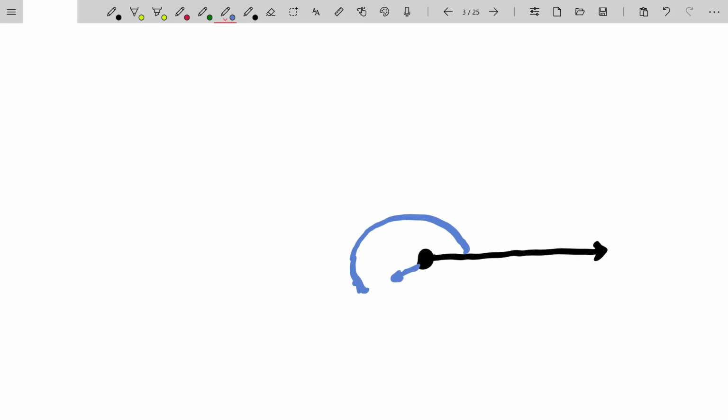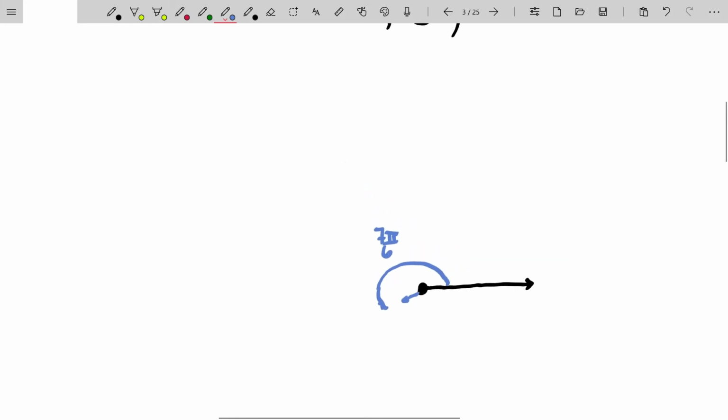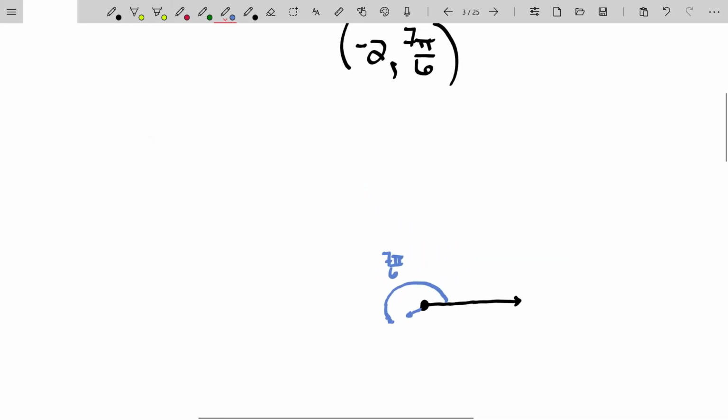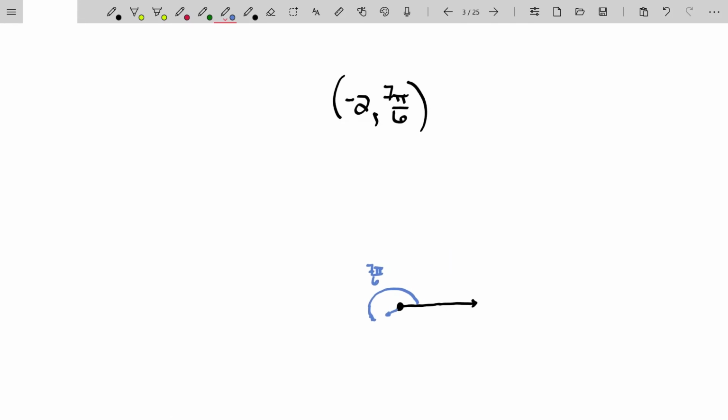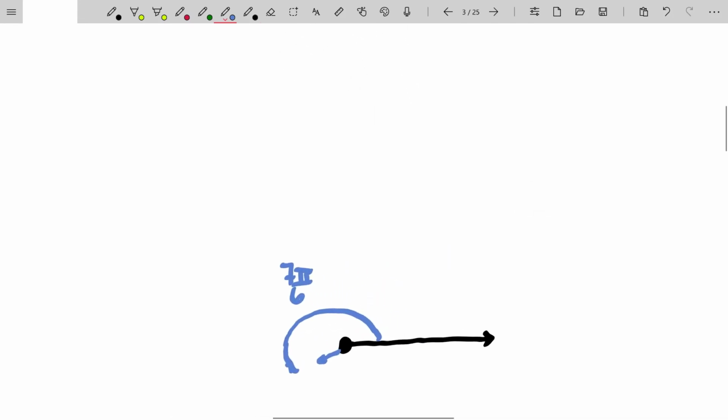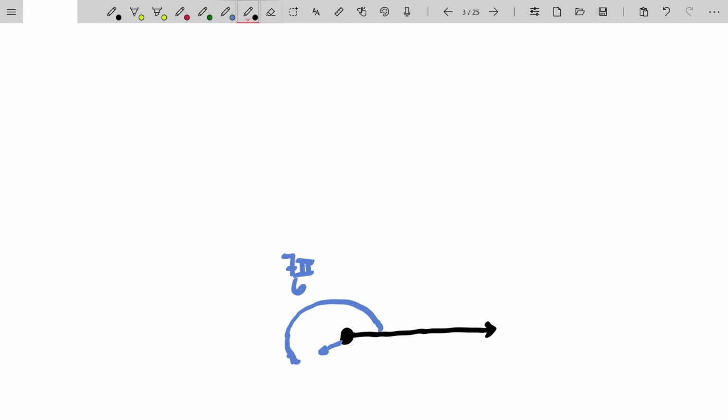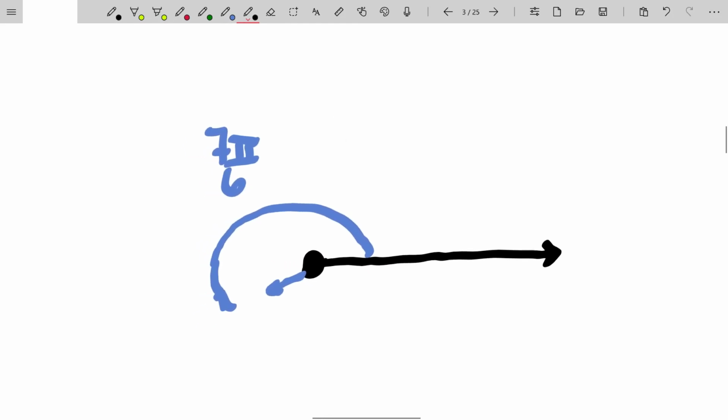Okay, so we've rotated through that angle of 7 pi over 6. We're facing that blue arrow direction right there. Yet we're going to step backwards 2 points. So I will go ahead, maybe go back to black ink here, and I will step backwards 1. Whoops, that was not supposed to be like that. Step backward 1, 2 points.